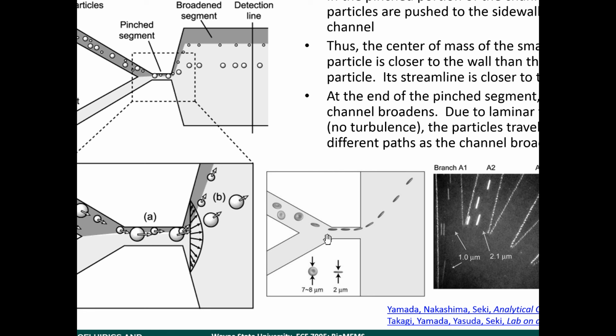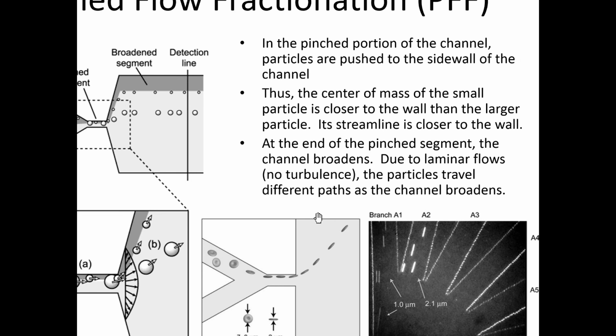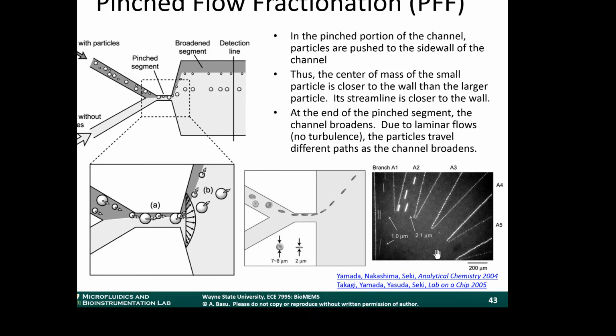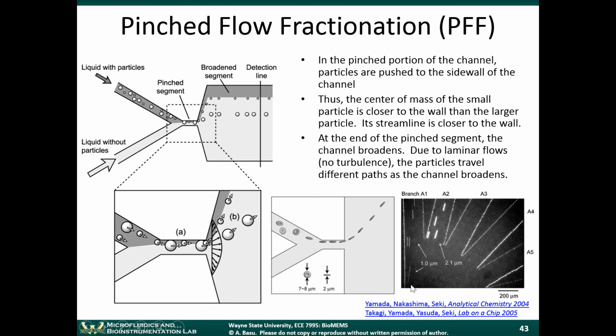So they're able to sort in that manner. So these are examples where they sorted 1 micrometer particles from 2 micrometer particles in a very simple and relatively easy manner. It just uses laminar flow.